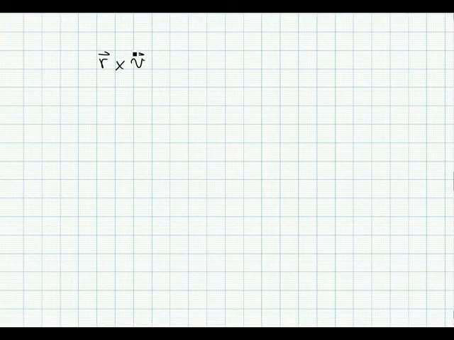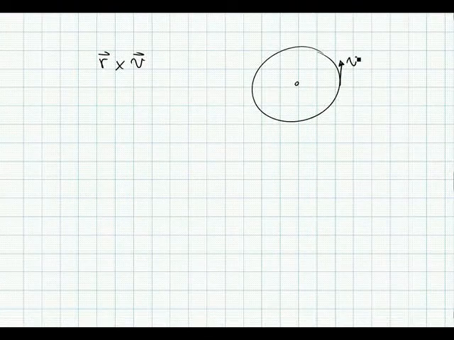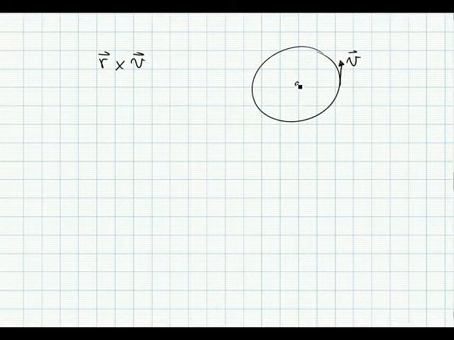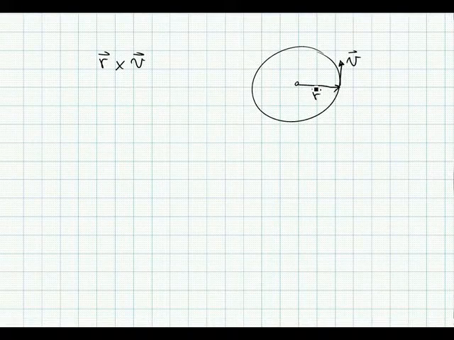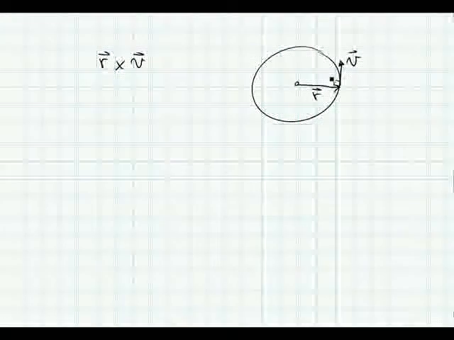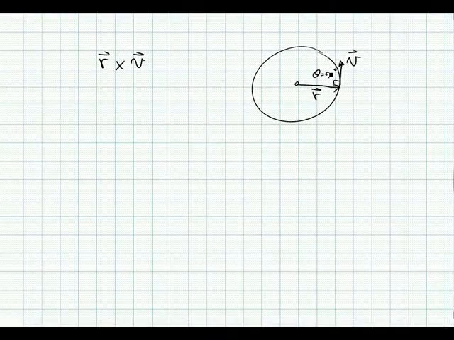So once again we have tangential velocity v, and this is our moment arm vector r. So r cross v. Now here we know that we're dealing with a 90-degree angle, of course.